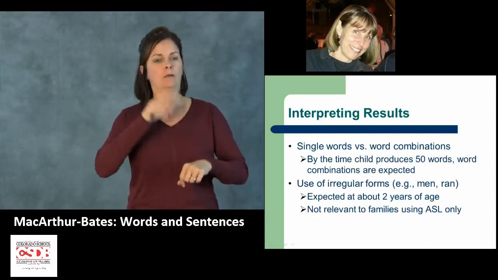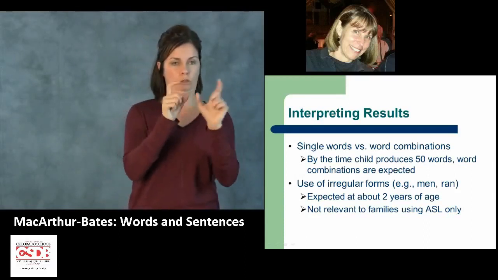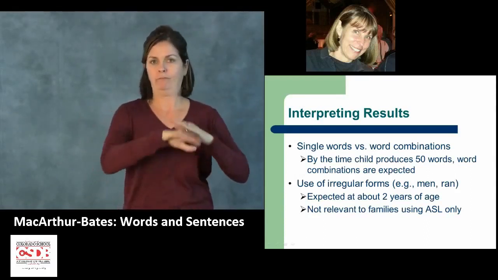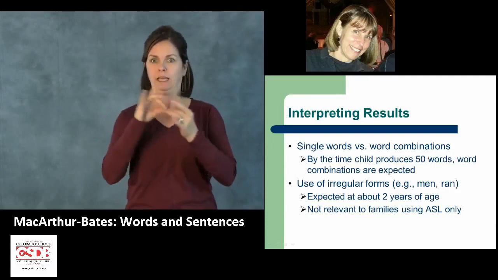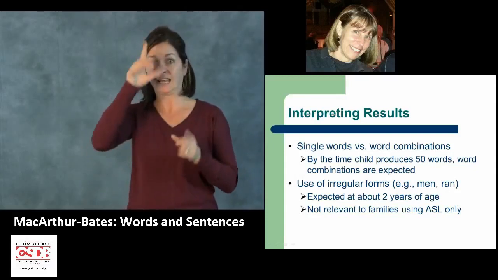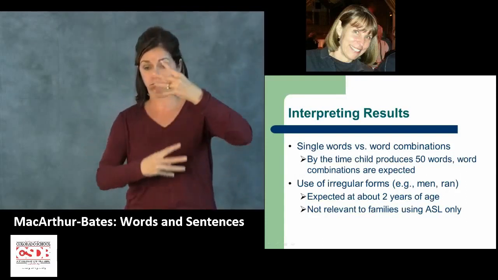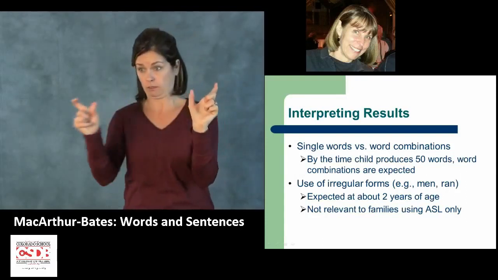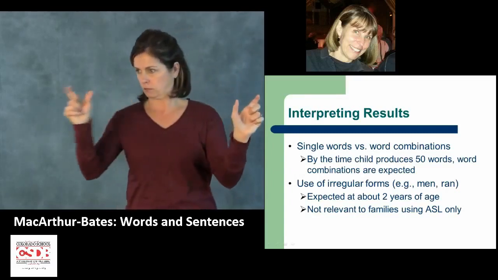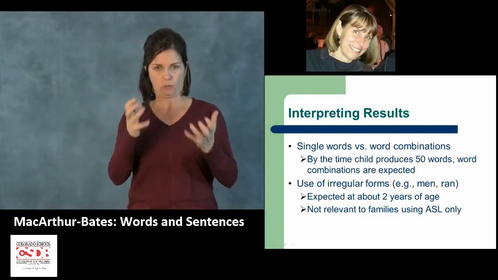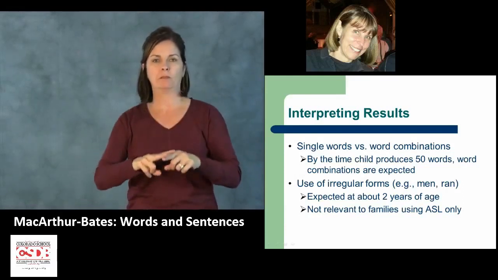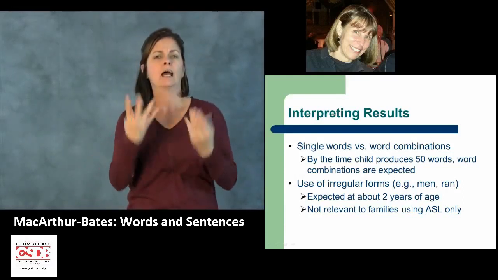So by the time they have a vocabulary size of 50 words, they should be beginning to say things like more cookie, daddy go. And as they acquire more and more words, the word combination should get longer and longer. One of the things you'll want to look at through the results of this assessment is the child's vocabulary size and how much word combination they're doing.